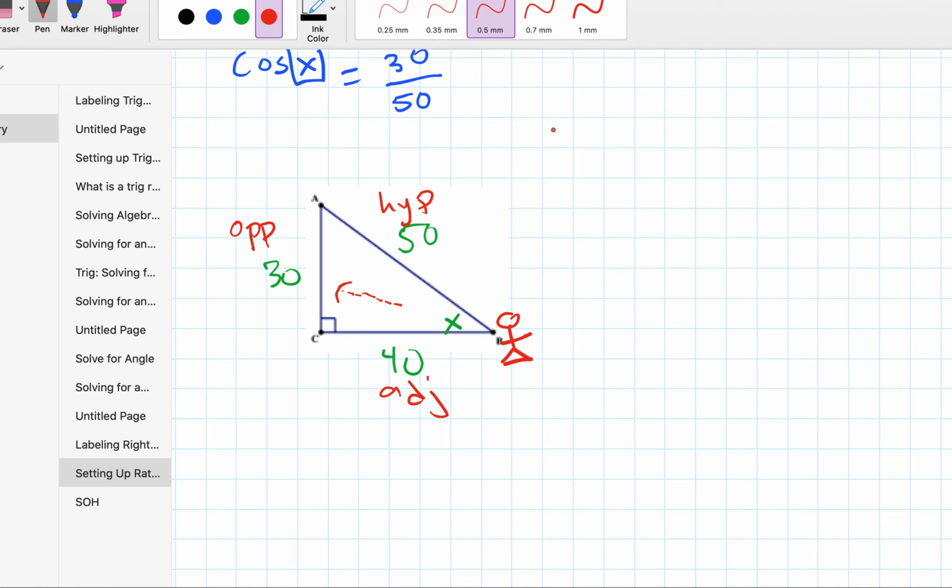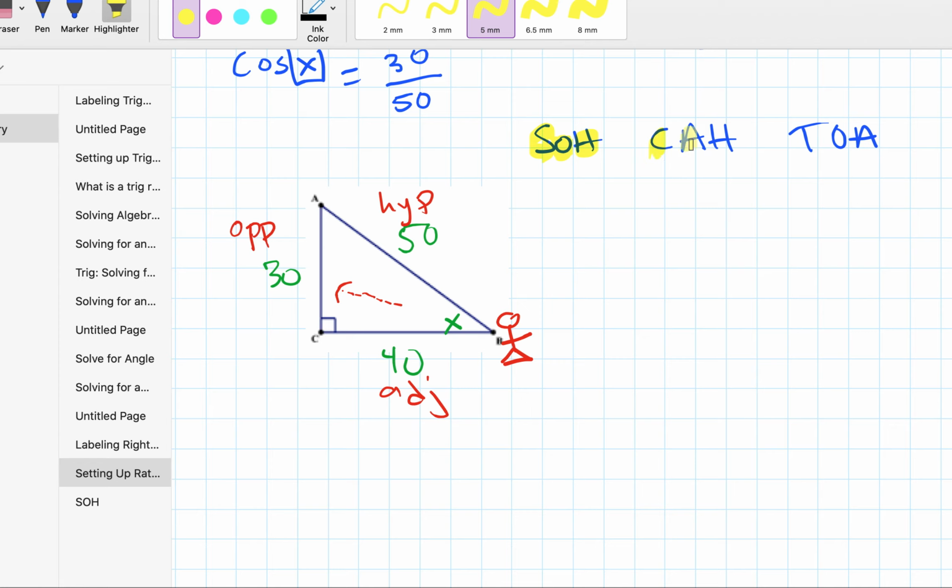So one thing that students have been taught for many, many years to help them remember sine, cosine, and tangent is a mnemonic, SOH CAH TOA. SOH CAH TOA is simply helping us remember that sine is the opposite side divided by the hypotenuse.